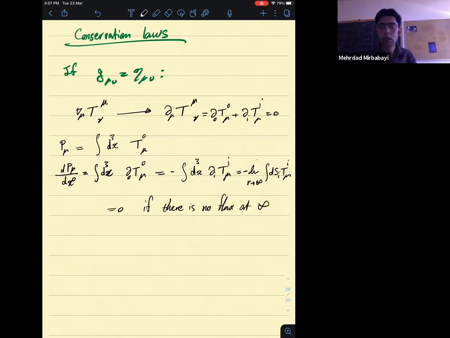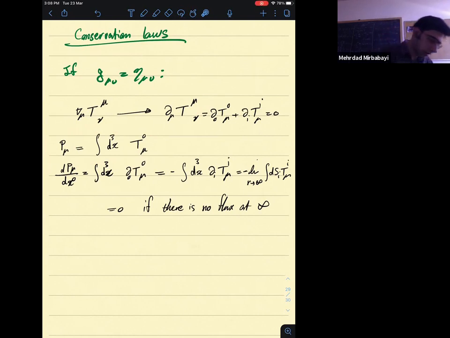So that's how we derive conserved charges, assuming that there is no flux at infinity, and when we have an ordinarily conserved current, then from that we can derive conserved charges, in this case 4 of them, which we can call the energy and momentum.